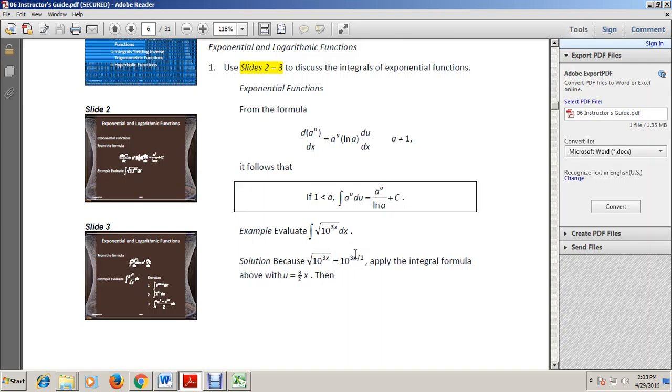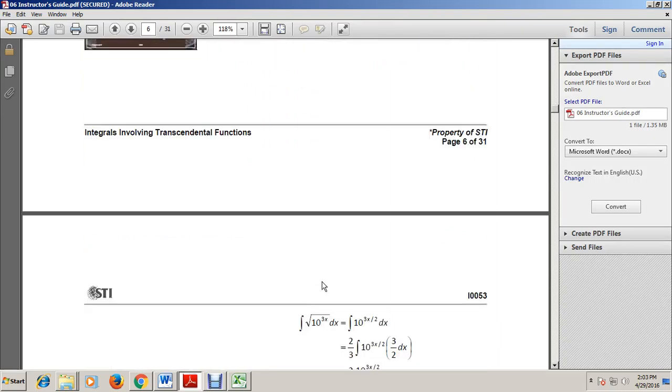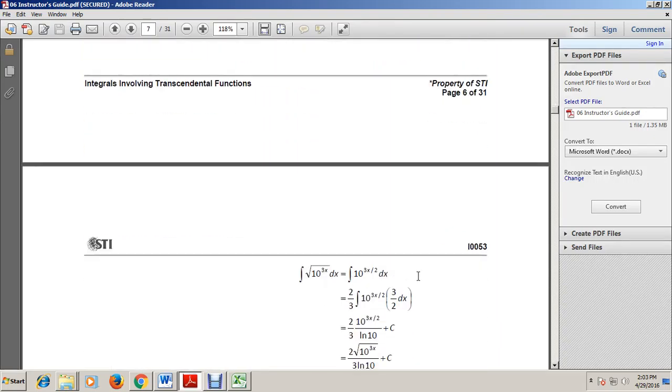Now, if we represent 3x over 2 as u, then u is equal to 3x over 2. The next step is to get the derivative of u. The derivative of 3 halves x is 3 halves dx.